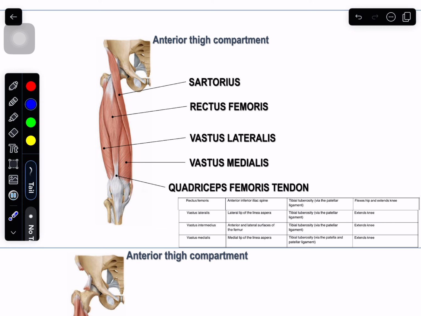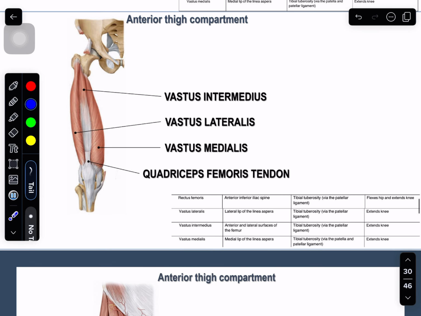These are all going to function to extend the knee, with the rectus femoris also having a function of flexing the hip. Take a look at this chart, and you're going to see that the four quadriceps muscles all share the action of knee extension, with the rectus femoris also being in charge of some hip flexion.